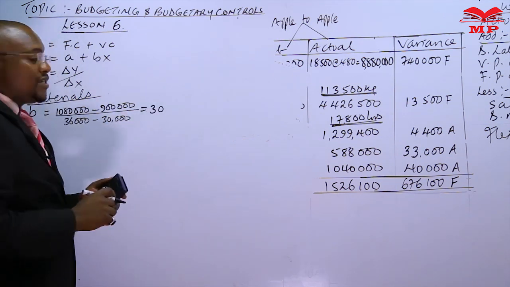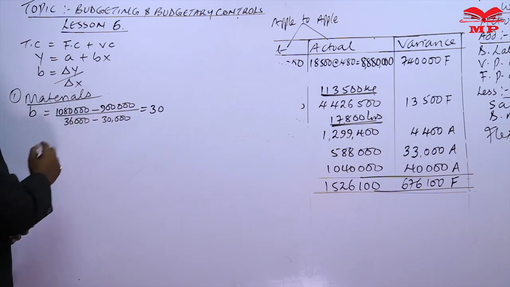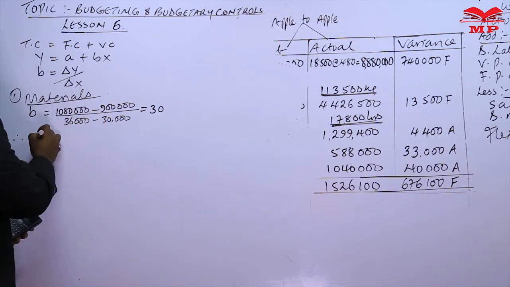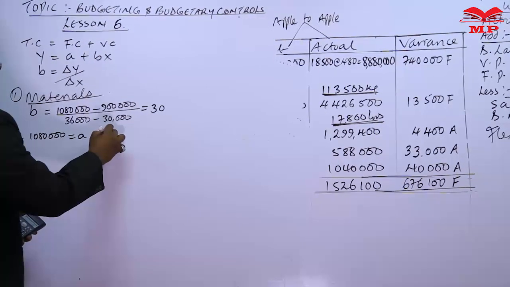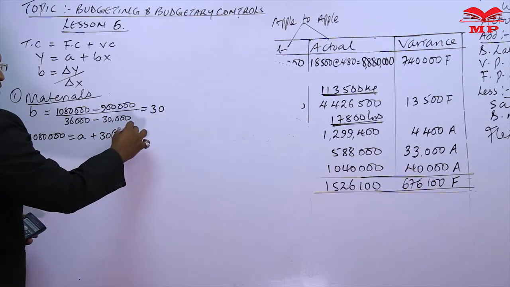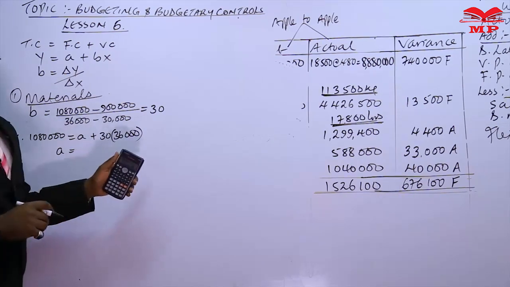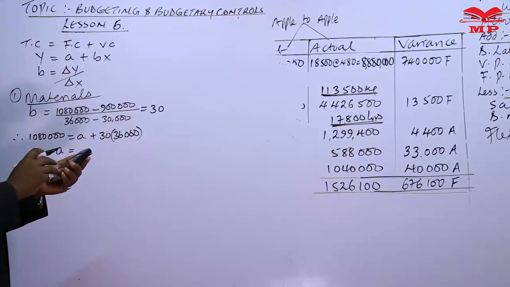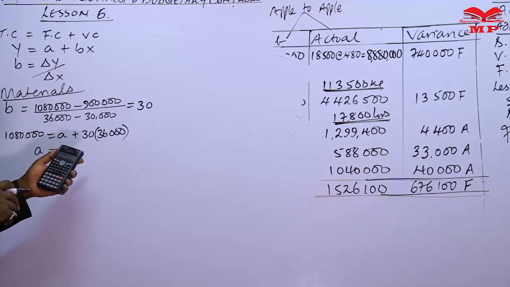When we get that, we now substitute in the first. We can just look at this 1080. You can see that therefore, 1080 is my y, equals a plus 30 is my b, then x is that 36,000. So my a is the difference. If I multiply 30 by that 36, I get 1080.